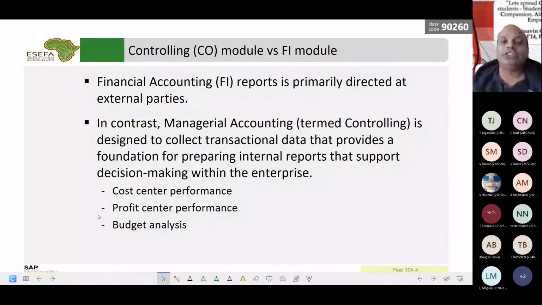All right? Managerial accounting is designed to collect transactional data that provides a foundation for preparing internal reports that support decision making within the enterprise. So I'll give you a very simple transactional report.